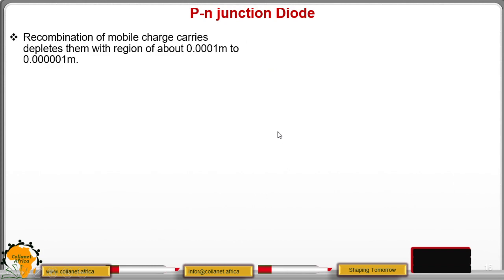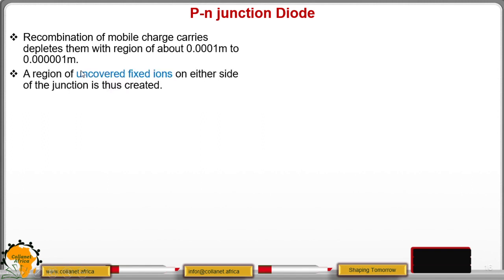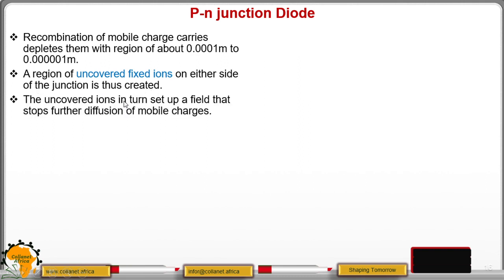We continue. The recombination of mobile charge carriers depletes them within a region of about 1 times 10 to the power negative 6 meters. So that region where we have uncovered fixed ions on either side of the junction is what we call the depletion layer.